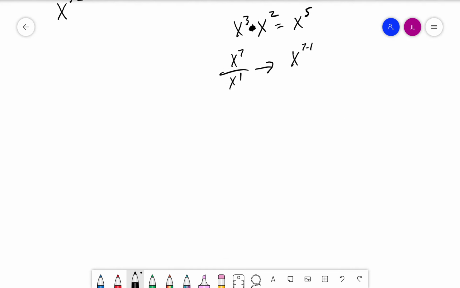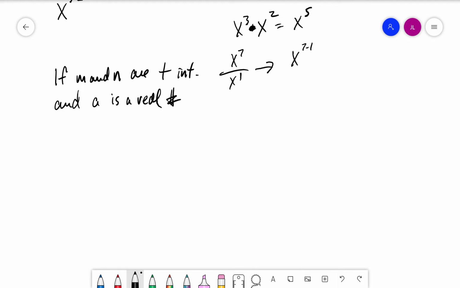It states that if m and n are positive integers, and a is a real number, then a to the m over a to the n is the same as a to the m minus n.